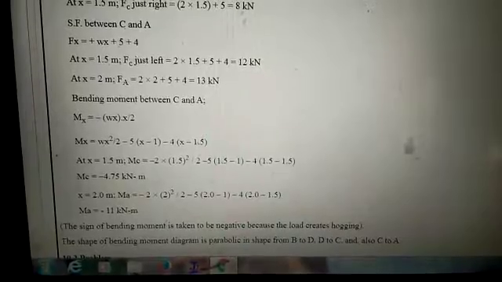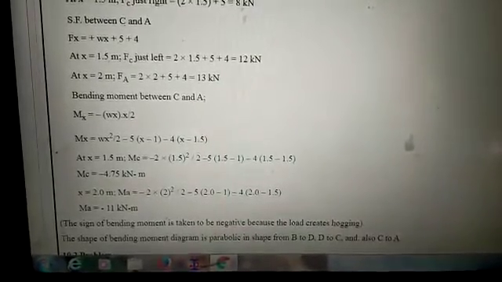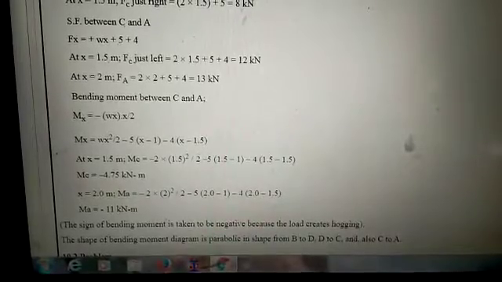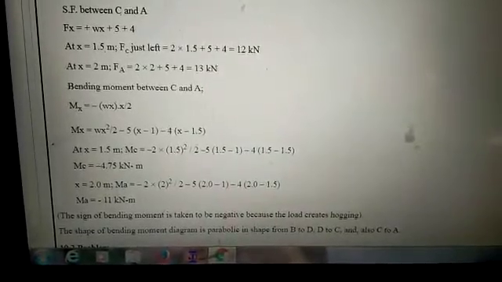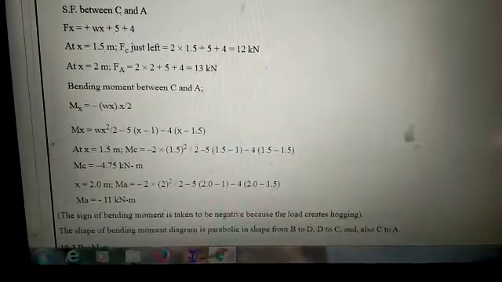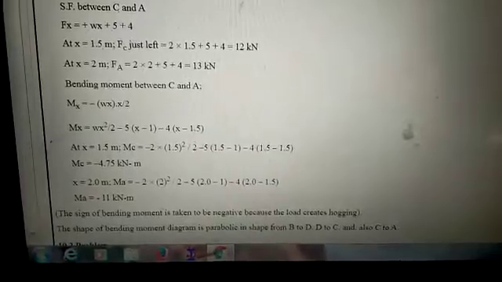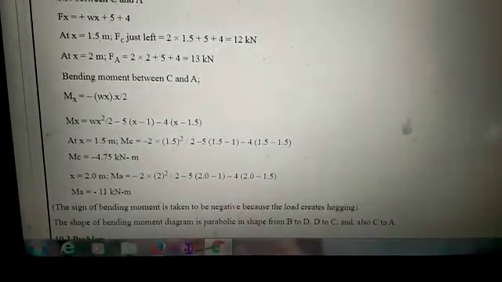Here in the equation, x minus 1, x is kept as 1.5, so it is written as 1.5 minus 1. Minus 4 into 1.5 minus 1.5. So we obtained the value of moment at point C as minus 4.75 kilonewton meter.